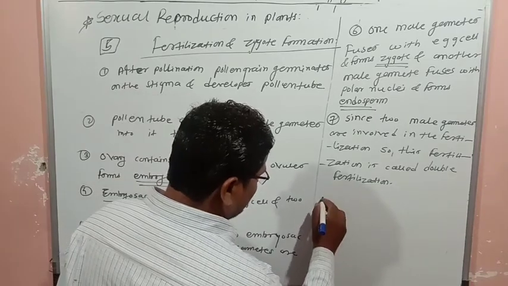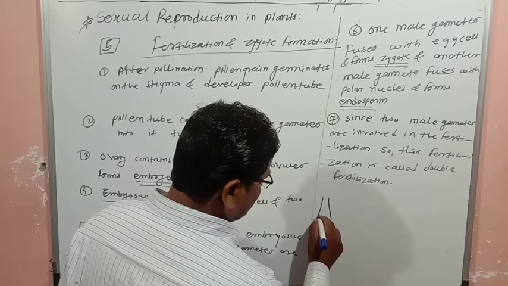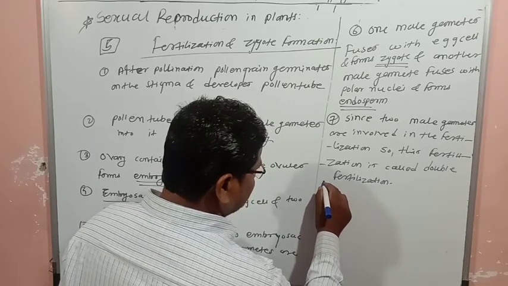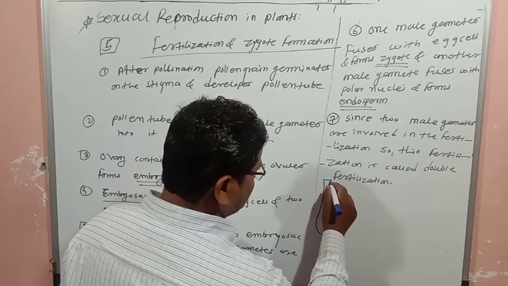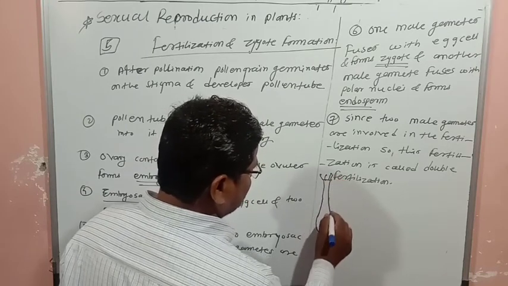First, suppose like this, the ovary is there, and the stigma is there.